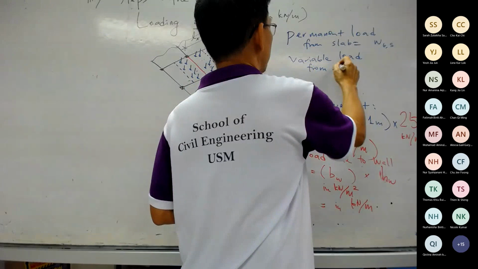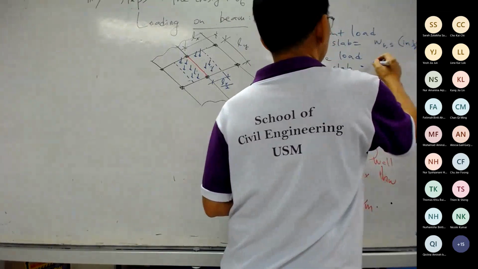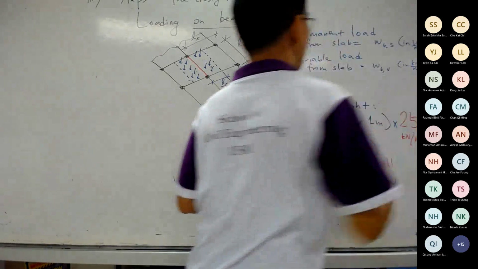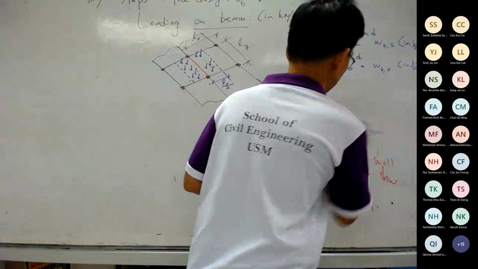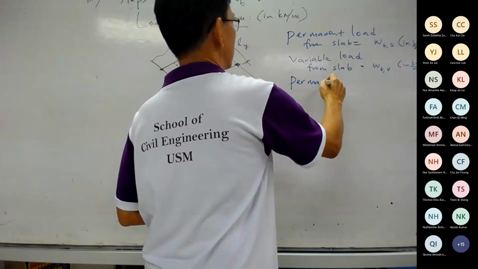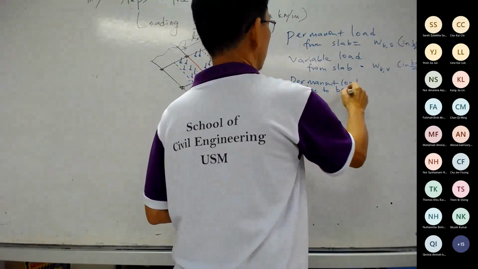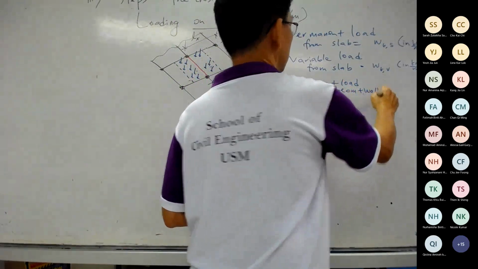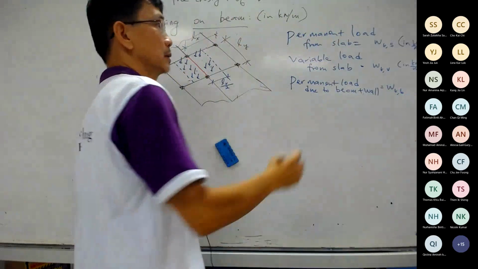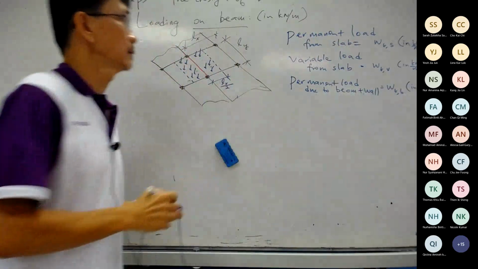Variable load from slab, this is already in kilonewton per meter. And permanent load due to beam and wall, WKB, call that. This is also in kilonewton per meter. Okay.